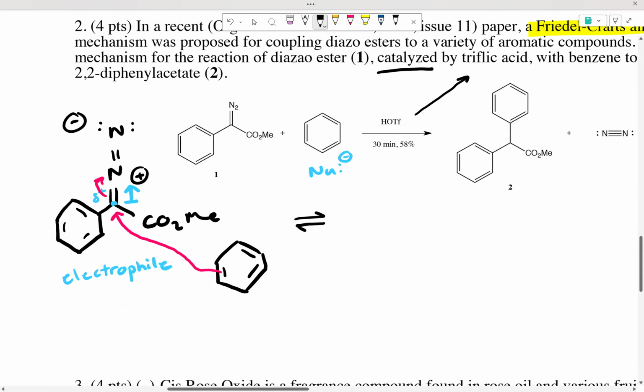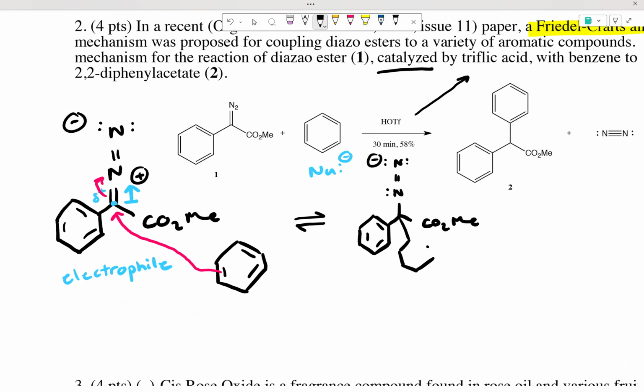Also, don't forget to draw the pi bonds on the electrophile and the benzene. So this is how our molecule looks now.